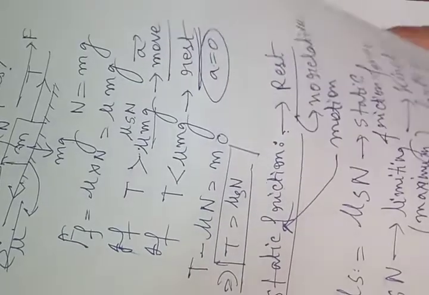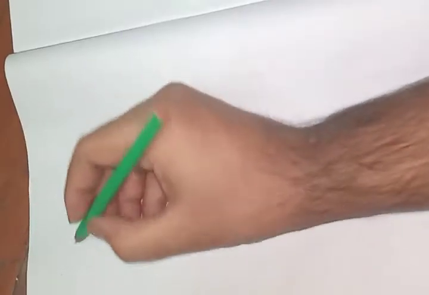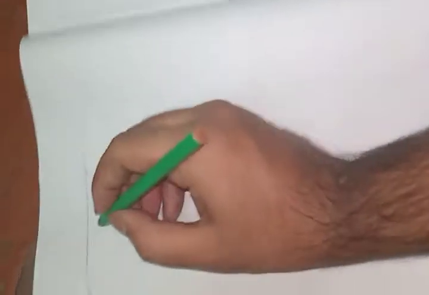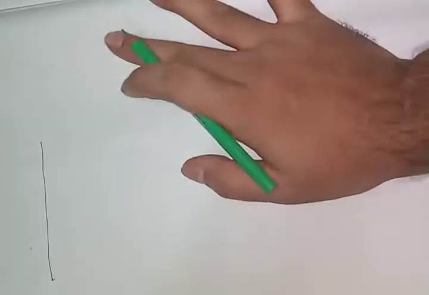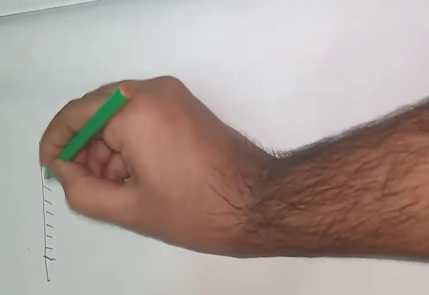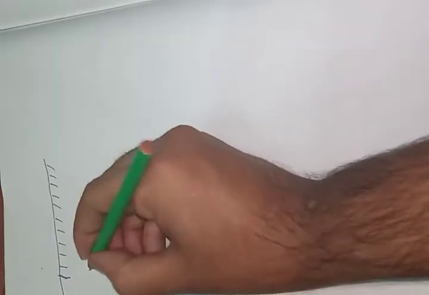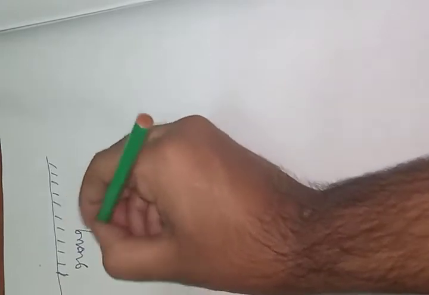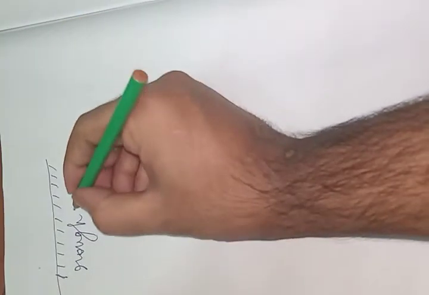Now let us take an example in which the friction force is present in a pulley system. Simply, let us take a surface, and this is a rough surface, guys. Rough means there is some friction coefficient present.